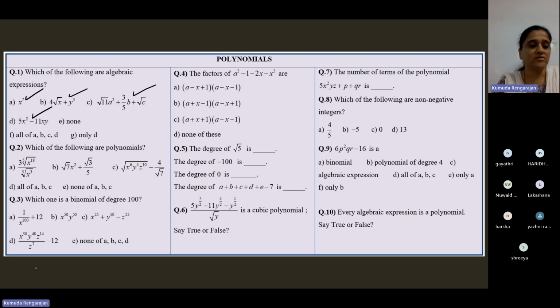Yeah, correct. So that means options A, B, C, and D all have algebraic expressions. So then which is the correct option? Option F. All of A, B, C, and D. There's one option which says none.